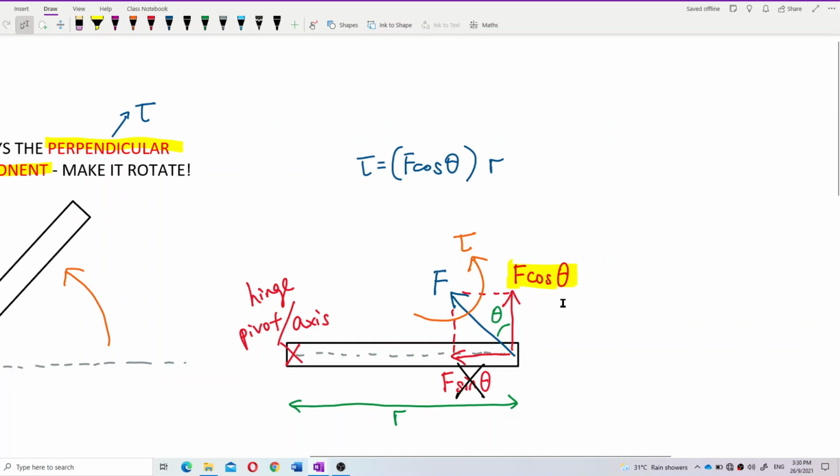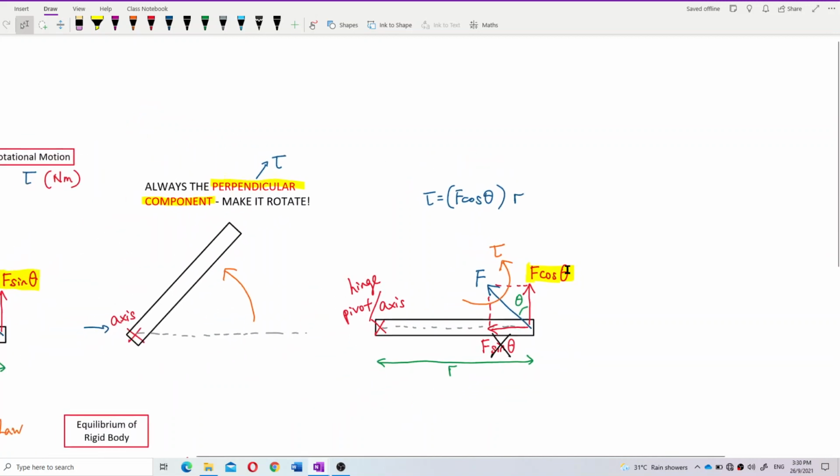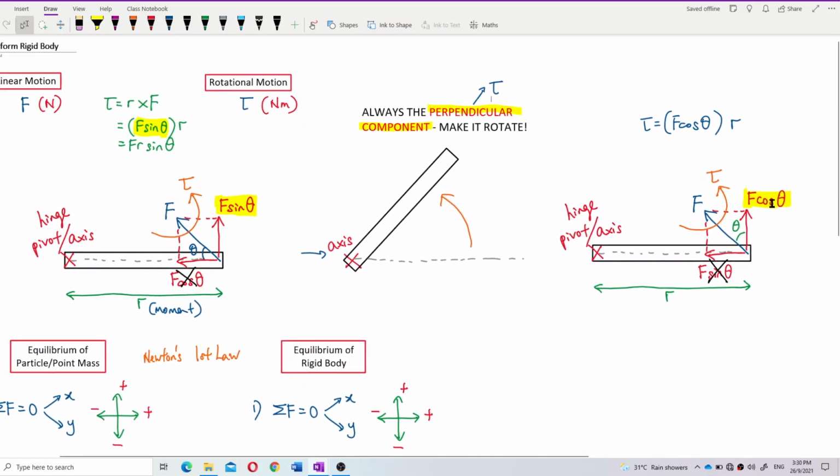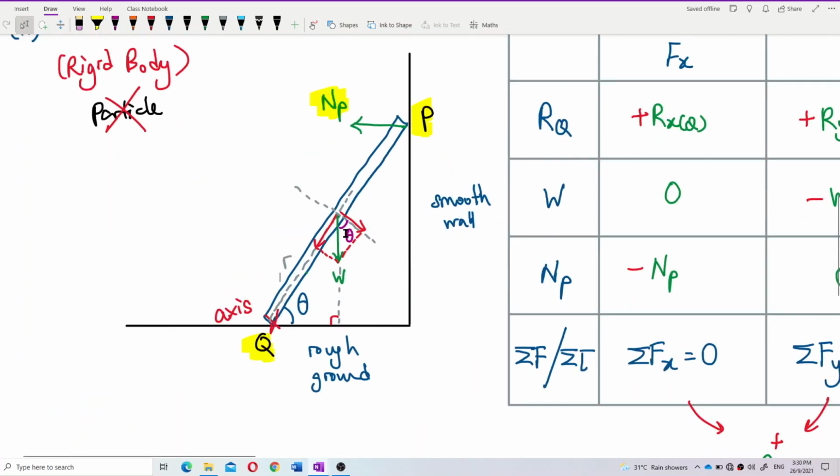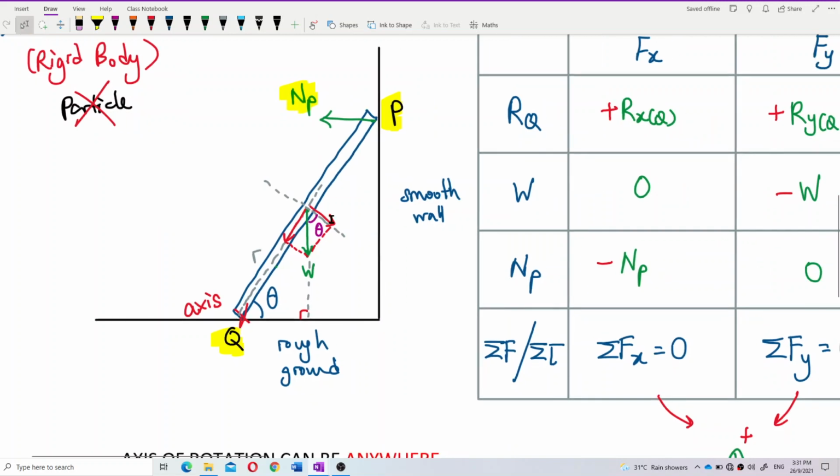Understand? No matter whether it is F sine theta or F cos theta, we just have to find the perpendicular component to multiply. For this case, the theta is not in between the force and the distance, so the theta is outside. No matter what, just find the perpendicular component of the force to the distance, or to the axis of rotation.